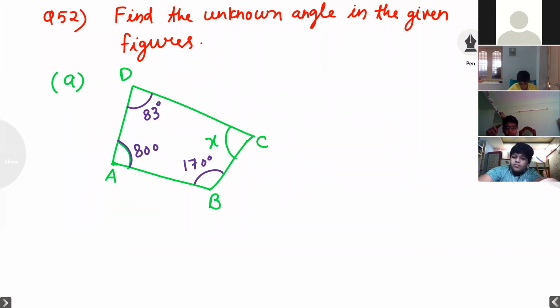This addition you can do in the rough notebook or separately. Firstly, 170 degree plus 80 degree, then 80 degree plus 83 degree. The answer has come 333 degree, right?